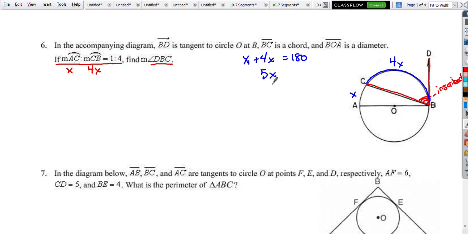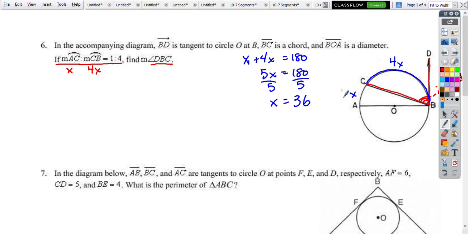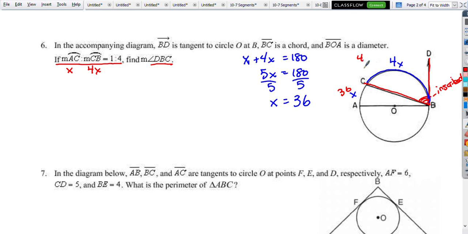So 5x equals 180, divide by 5, and x is going to equal 36. So this is 4 times 36, which is 144. And then angle DBC is half of that, so that's 72.